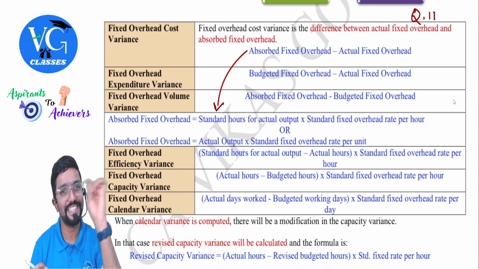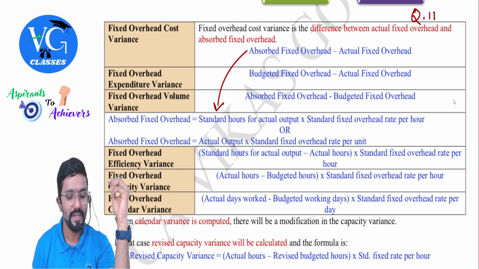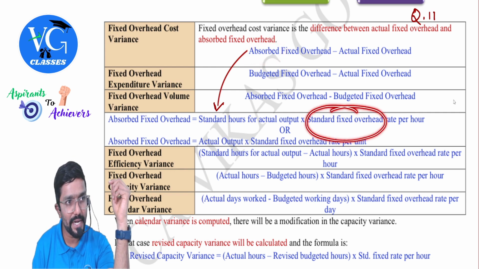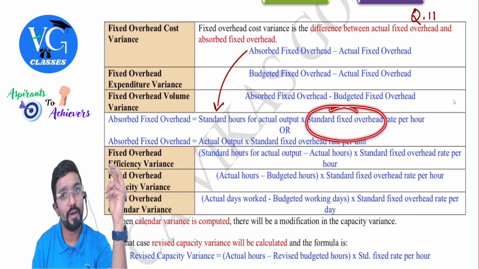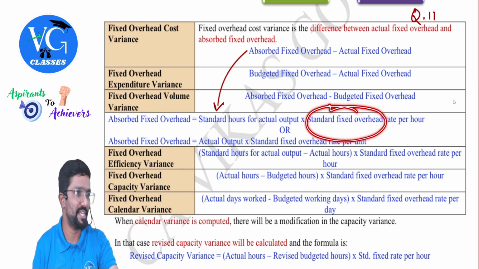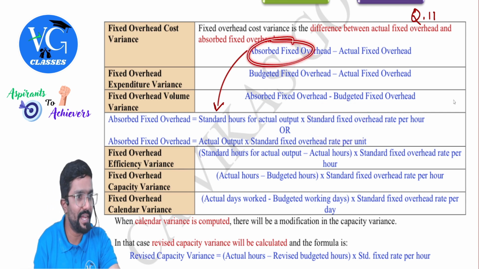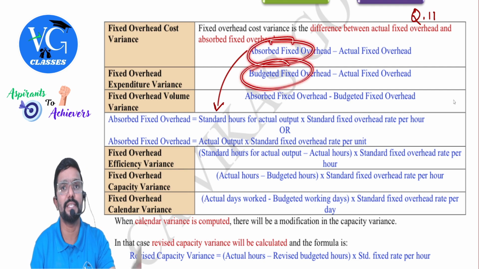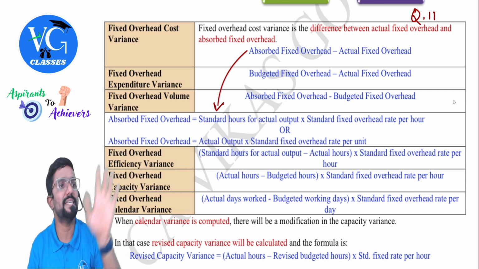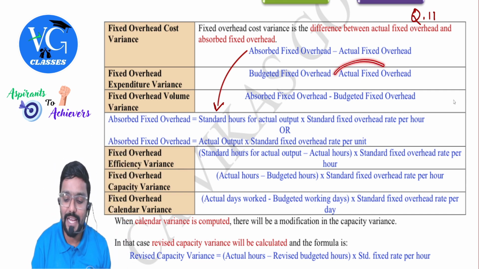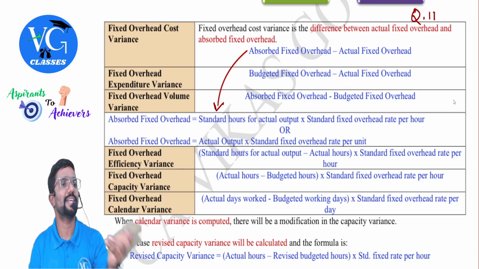Confusing terms. Listen. There is a difference between all three. Observed means if I am following the standard rate on actual output, how much will I get? Whereas budgeted is budgeted cost for budgeted output, and actual is actual for actual output.